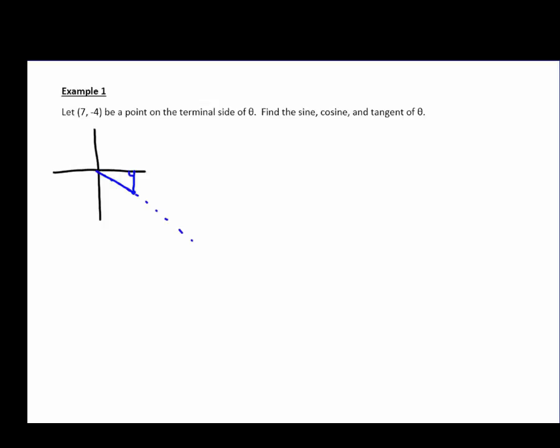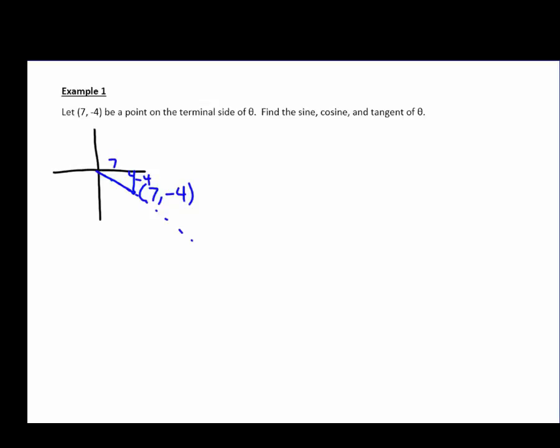Remember, no matter how large that triangle is, the ratio of the sides is going to remain the same because our angle isn't changing. So we have the point (7, -4), which means that this side is 7 and this side is -4.